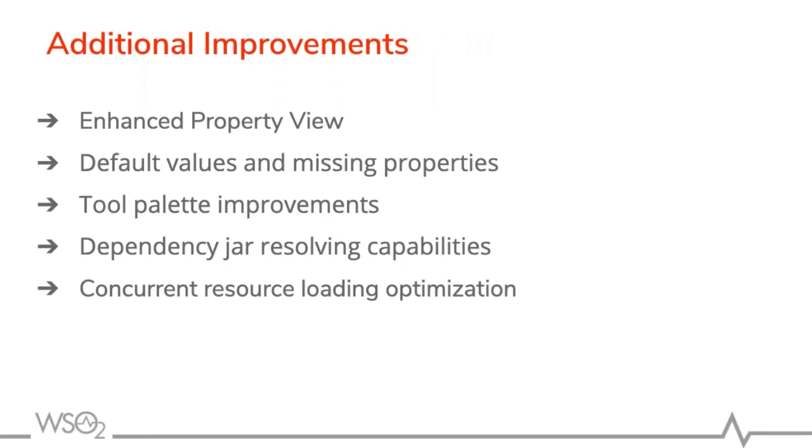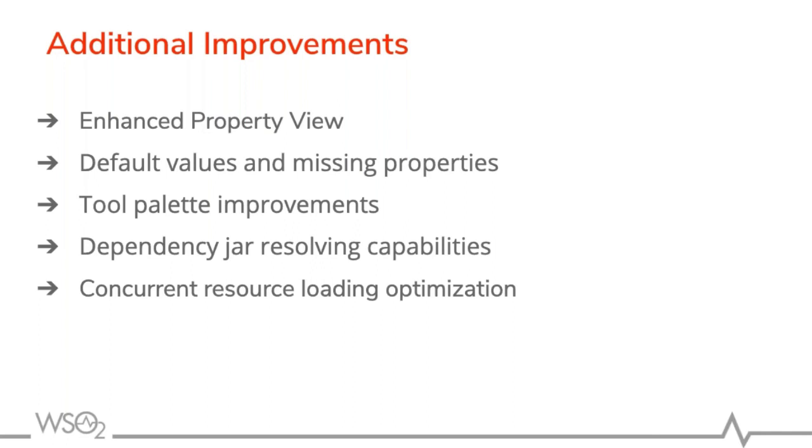So we have taken away the burden of you having to define all the properties that are related to a particular mediator. And then we have done significant improvements for the tool palette to improve the usability.